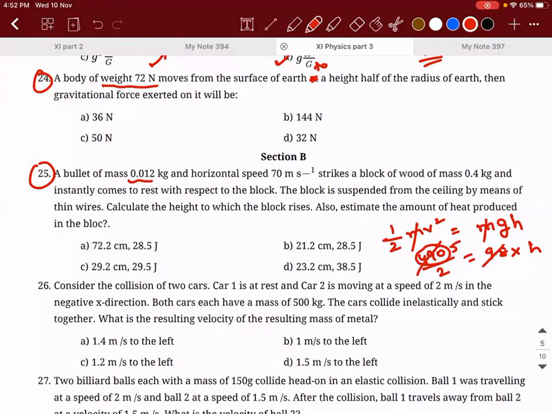No option at all. 2.5 meters, sir. Then it should be 25 centimeter. Sorry, 2.5 meter. No, it's v square. Did I miss something?